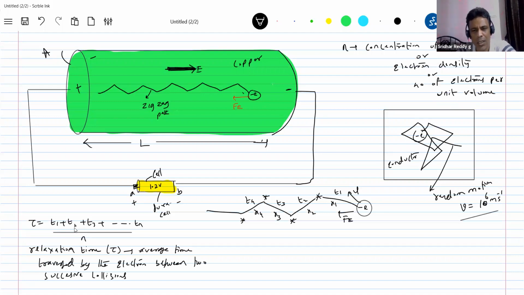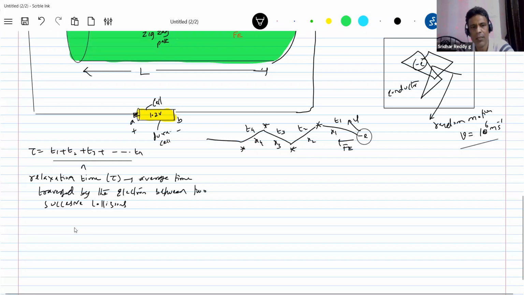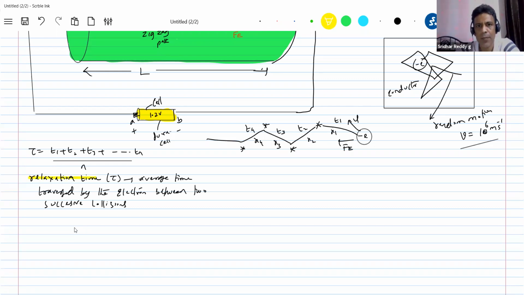Similarly, we define x1, x2, x3, x4 up to xn divided by n as the average distance covered by the electron between two successive collisions. We don't have any specific symbol for that. I just remember that one. This relaxation time is very important, and it will be different for different materials.